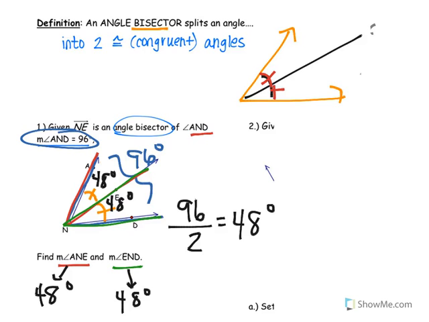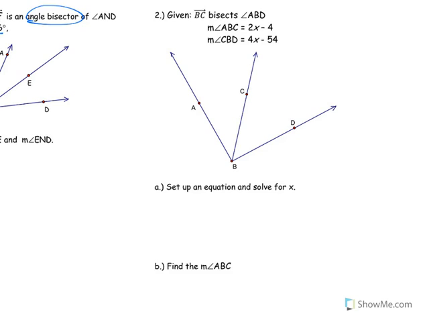All right, let's look at one more example. Just like we did with midpoint, that has to do with some more algebra. So again, just try to ignore what's going on on the left over here, and we're going to focus more on the right. Up top, I gave you that BC bisects angle ABD.